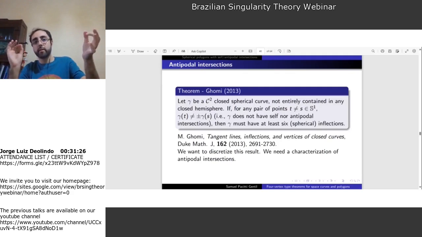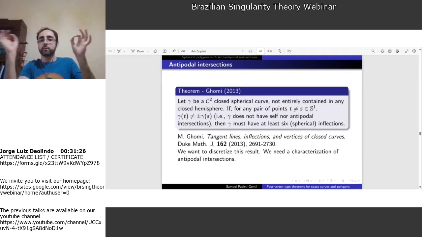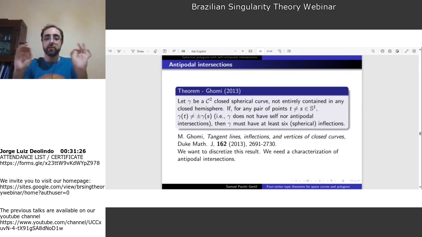The curve does not pass through a pair of points which is antipodal to each other. If your curve manages to avoid self-intersections and this antipodal intersection, then it must have at least 6 spherical inflections.